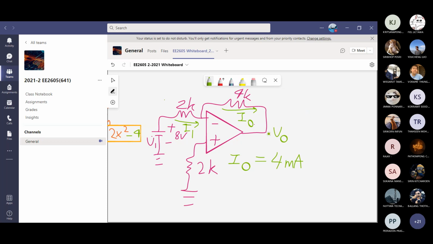What about V out? I have not asked you about V out. If I ask about V out in the first case, everything is the same. What will be V out? 16 volts. 16 volts, positive or negative? Negative, minus 16. Minus 16 is an inverting one.